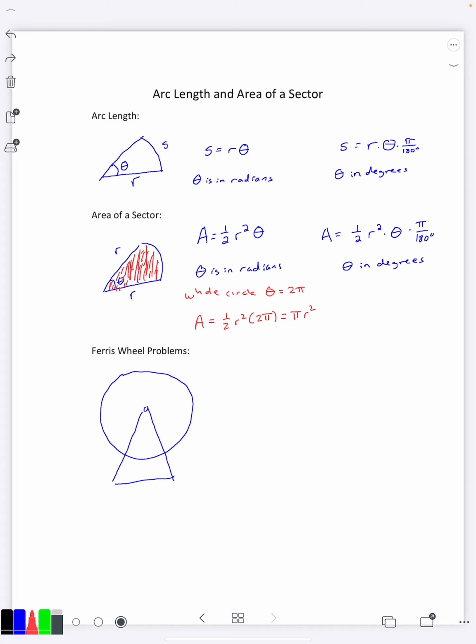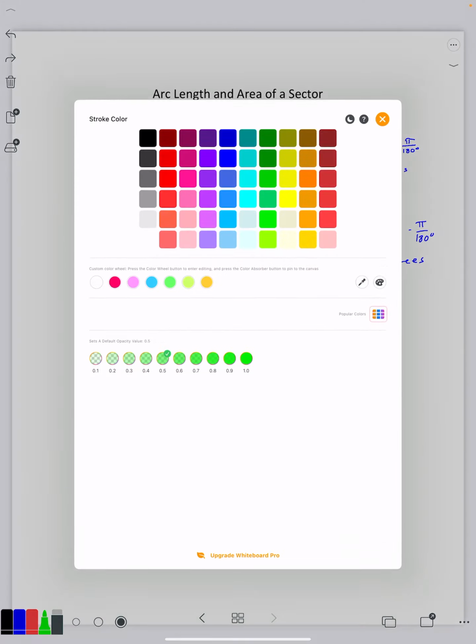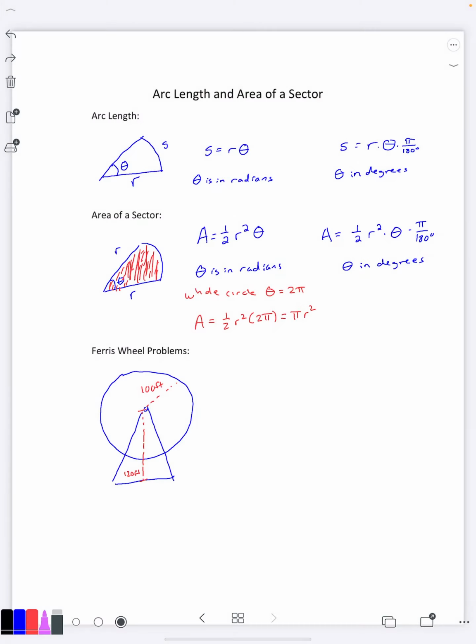So the radius of this Ferris wheel, let's say it's, I don't know, 100 feet here. Let's say the distance from the center of the Ferris wheel to the ground down here is 120 feet. Let's go ahead and draw a little compartment for someone to sit in on the Ferris wheel here.